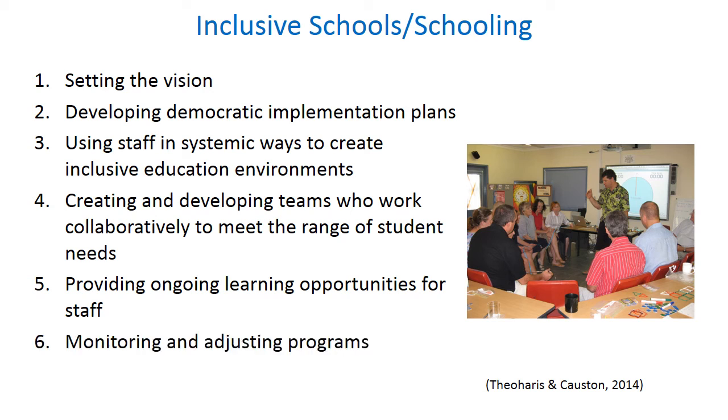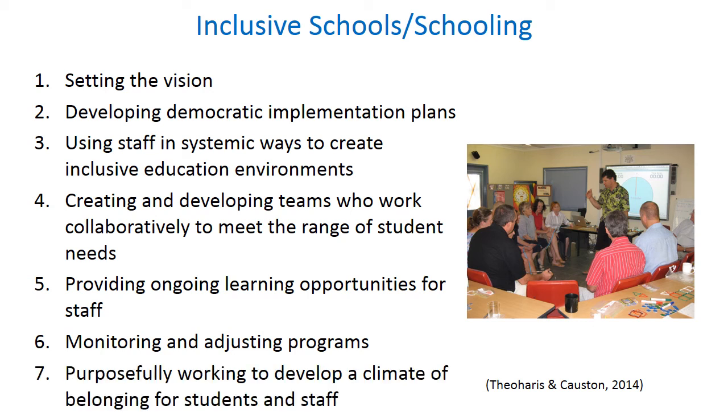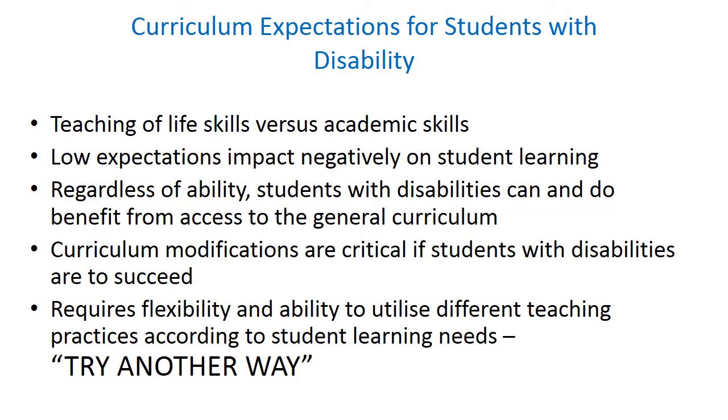And then a school leader needs to be involved in monitoring and adjusting programs. Then all people are working together to have a climate of belonging. So there's that idea about belonging again, that people are all important and will be missed.